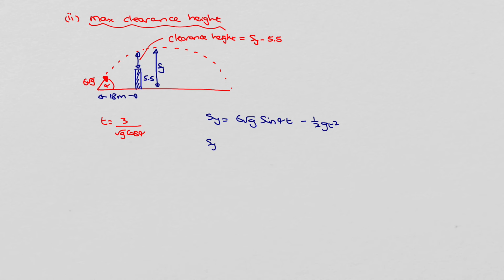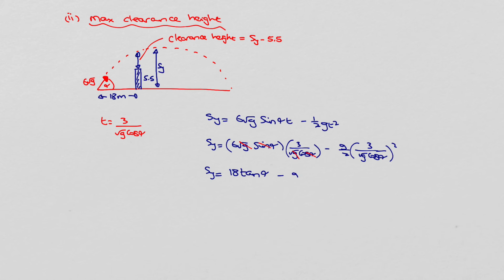So by subbing in my time there, and then simplifying, I can see that root g goes into root g, sine alpha over cos alpha is tan alpha, so that's 18 tan alpha.